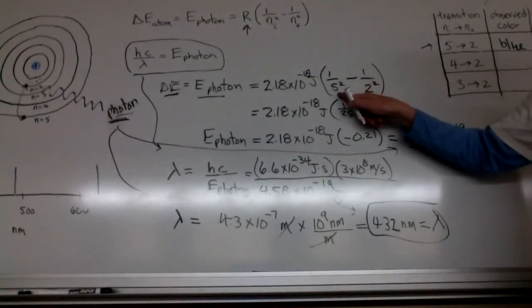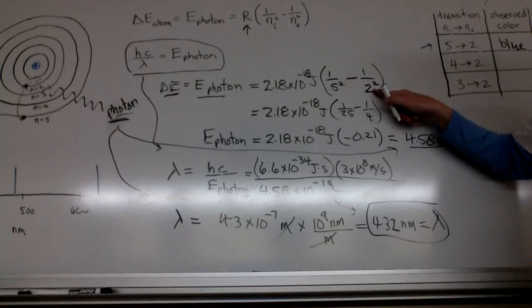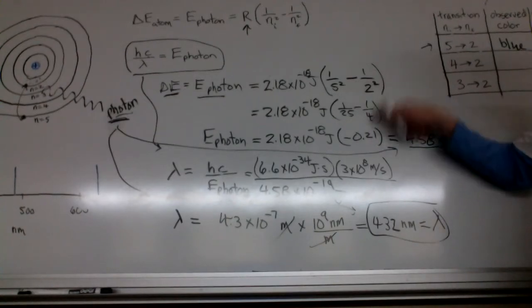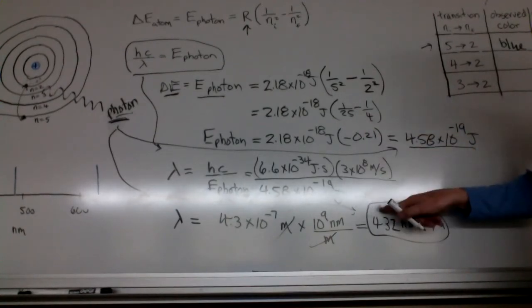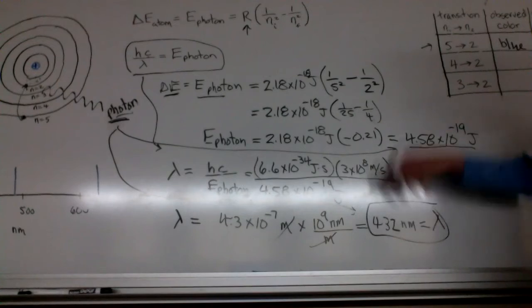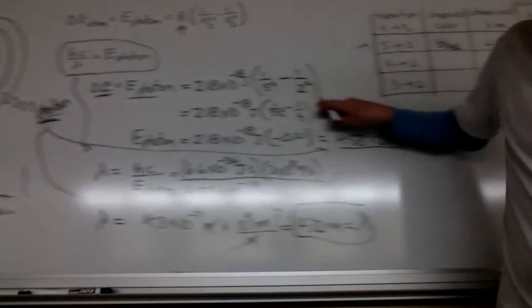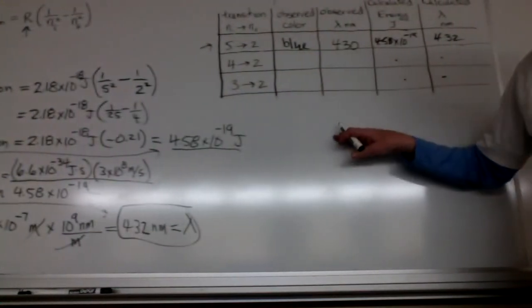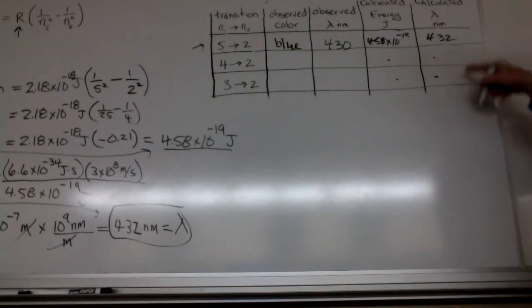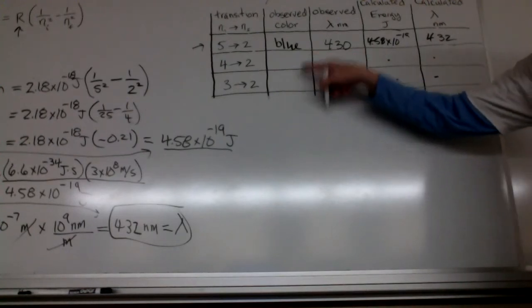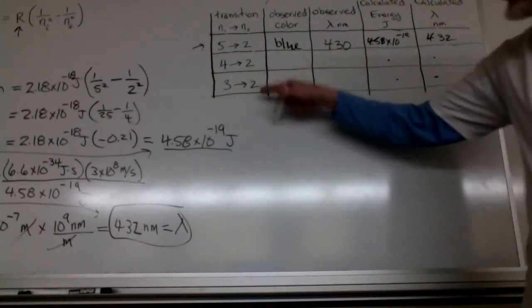But this was n equal 5; we're going to put n equal 4. This will still be n equal 2. Square those numbers, do the calculations, and then calculate the associated wavelength. Then do it again for the 3 to 2 transition.